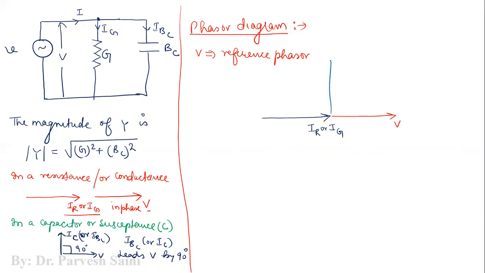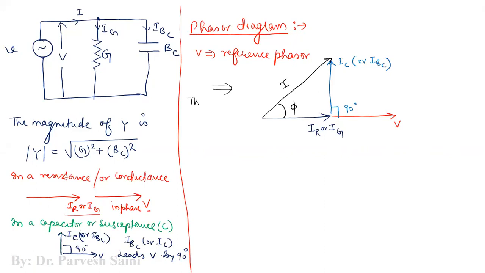So this is IC or IBC, right? So it is leading the voltage by 90 degrees, right? So the resultant current will be the phasor sum of these two currents, right? And this is I, the total current, right?